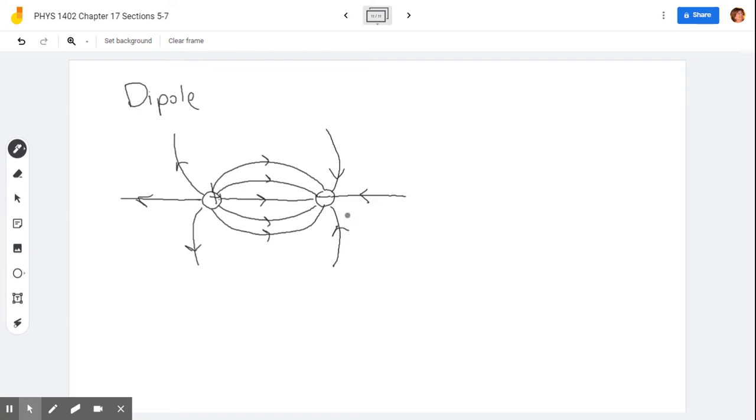This looks like the magnetic field lines of a bar magnet. We haven't talked about magnets yet. That's probably one of the first indications that there's a real similarity between electrical forces and magnetic forces, and they're actually interconnected.